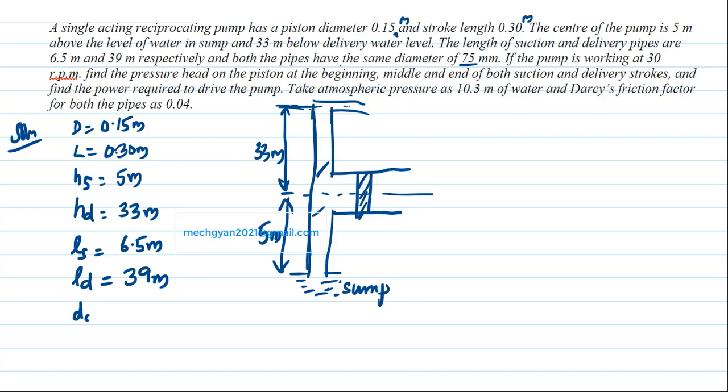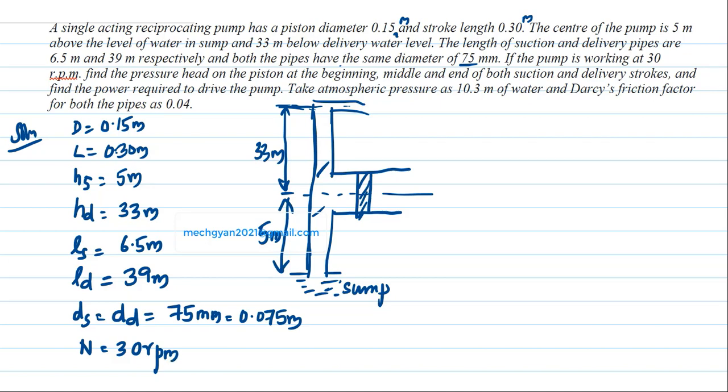So diameter of suction pipe equal to diameter of delivery pipe, that is equal to 75 mm, that is equal to 0.075 meter. And the pump is working at 30 rpm, so N is given as 30 rpm. So these are the things given.